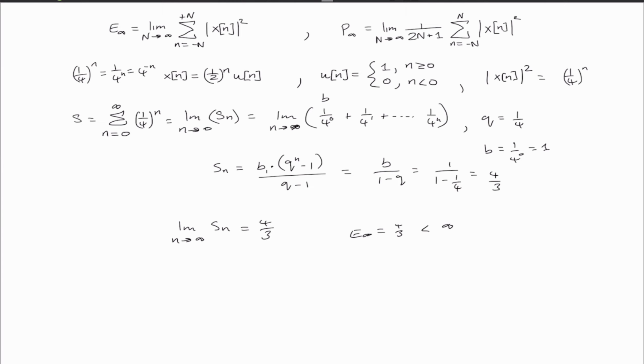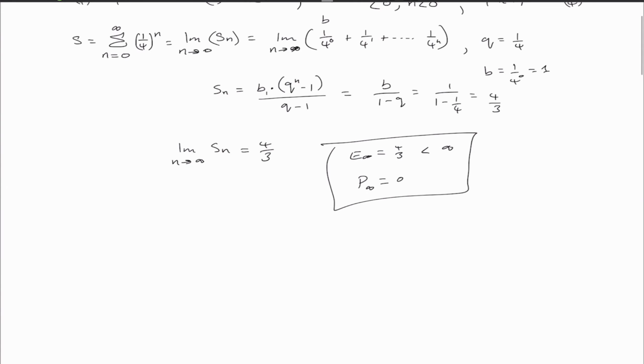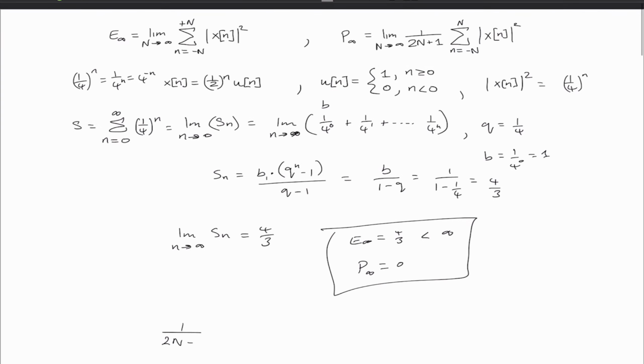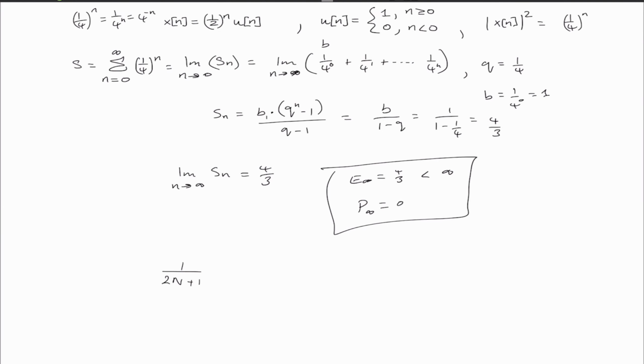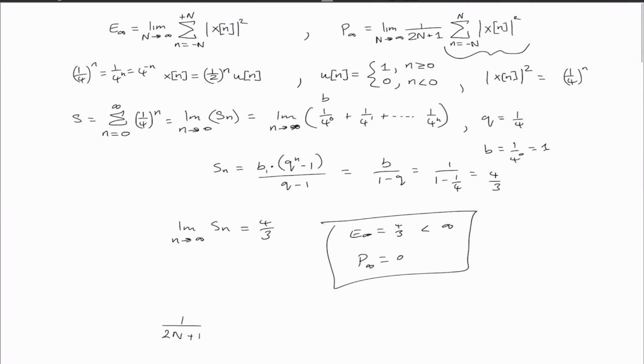We know that if the energy of the signal is less than infinity, then the average power is equal to 0, based on our previous videos. If you want to verify that, we can do it by taking the limit, with 1 over 2n plus 1, and we already evaluated this sum, which is equal to 4/3.